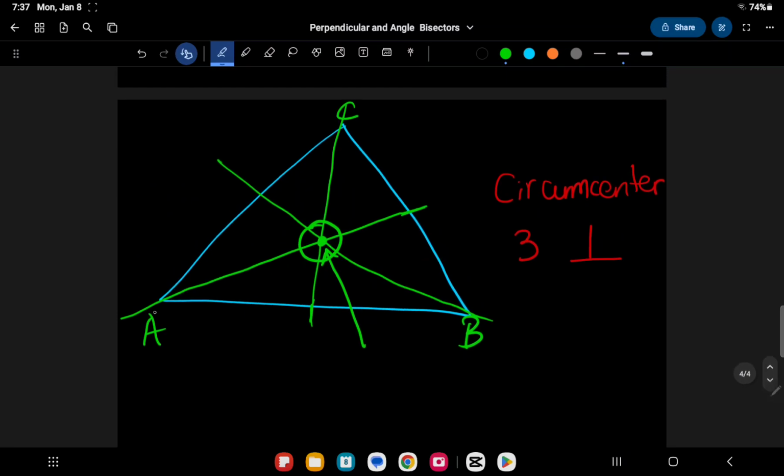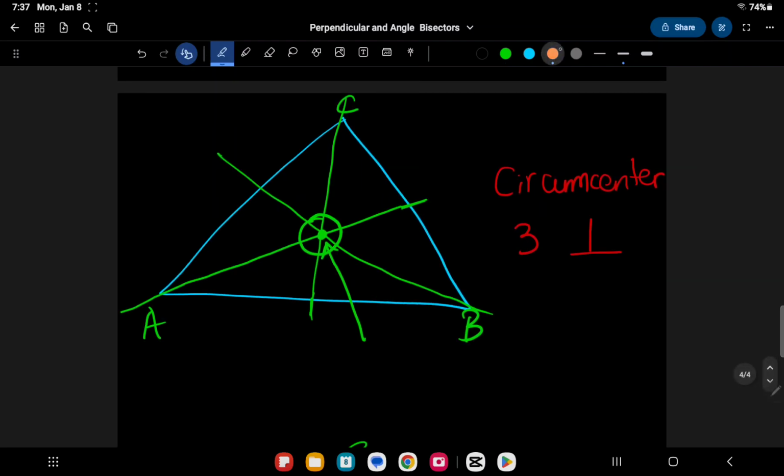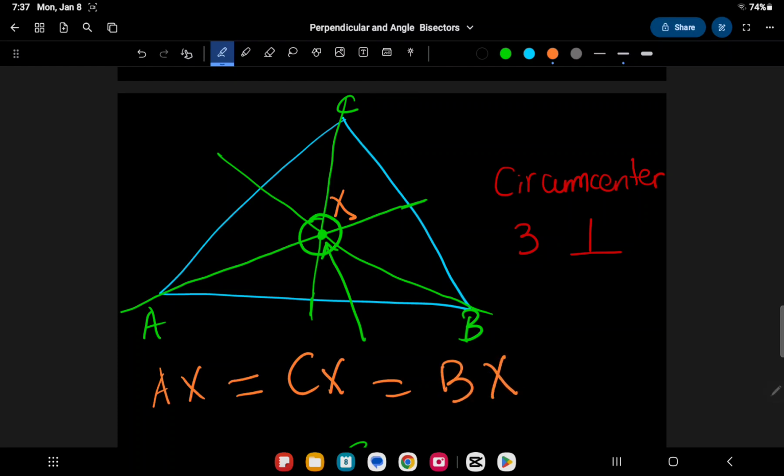With your circumcenter, your vertices or your points are the same distance. So we have, let's label this X. So AX is the same distance as CX, which is the same distance as BX. So this is key for you to remember.